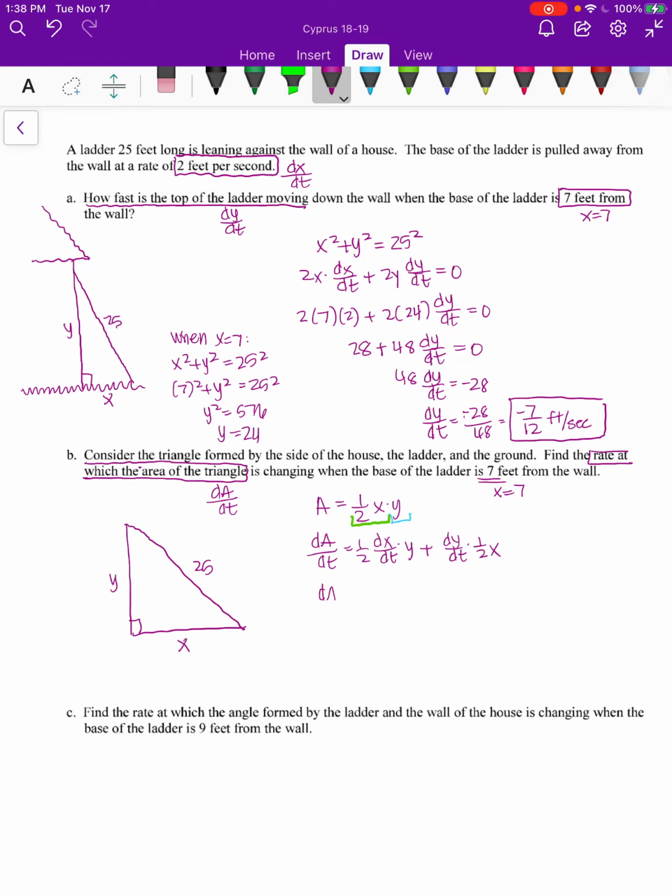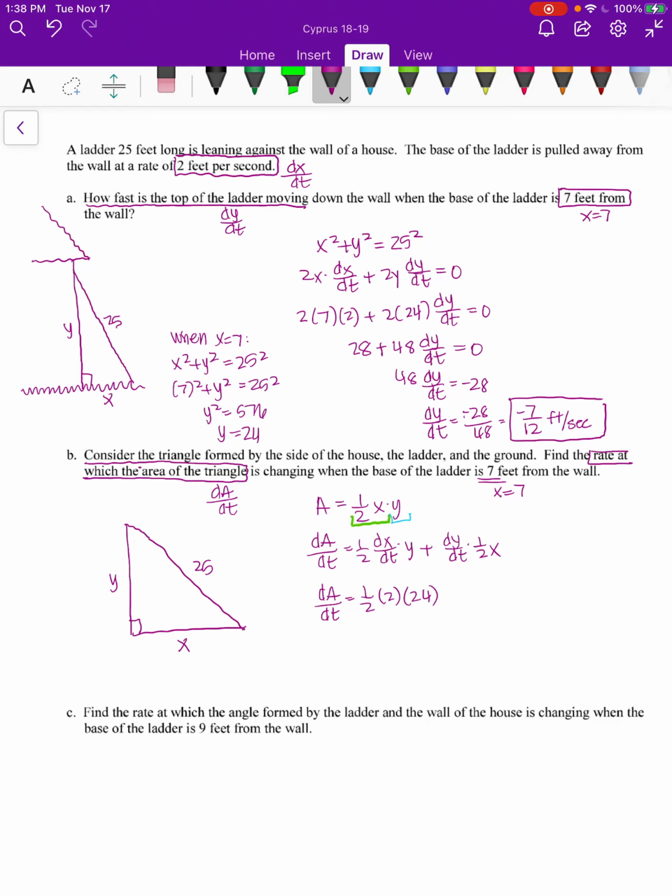Okay. So now we can fill in what we know. We're trying to find dA/dt. 1/2 stays the same. We know what dx/dt is. dx/dt is still 2. And we know what y is. We found y in part A was 24, because we're still looking at when x is 7.